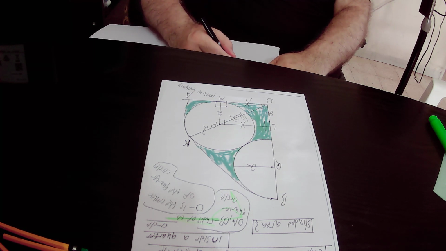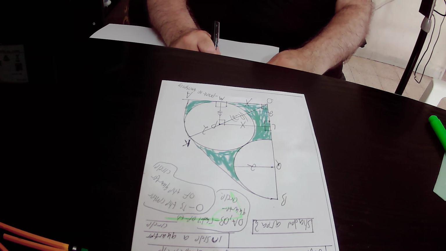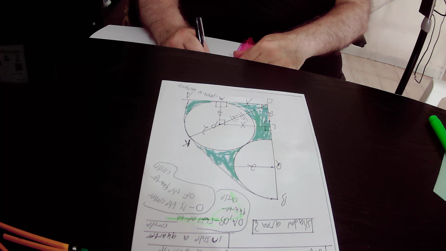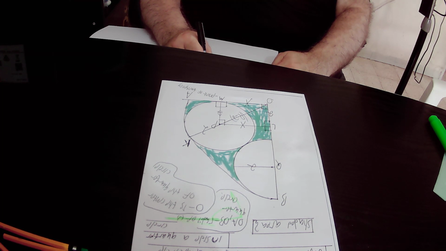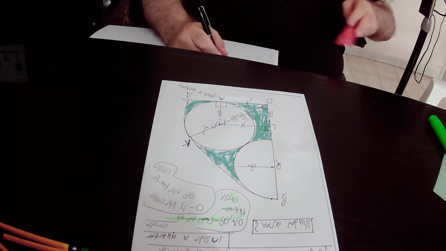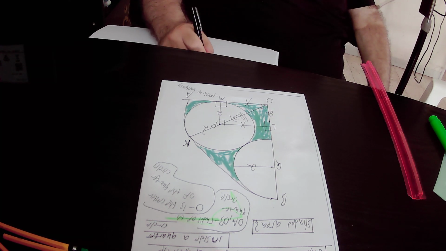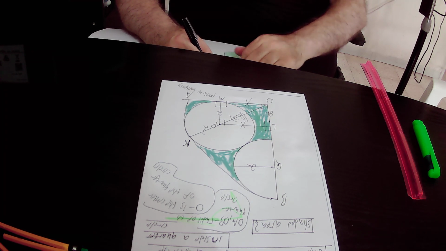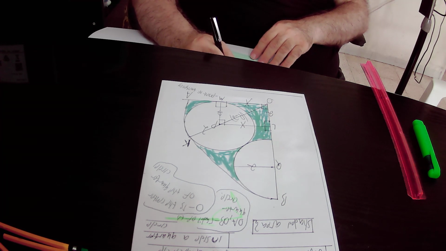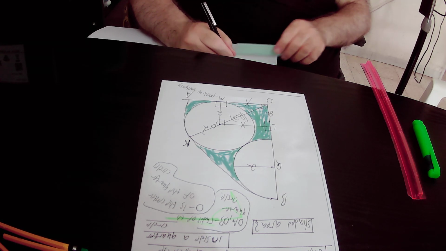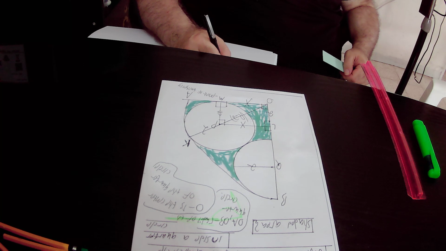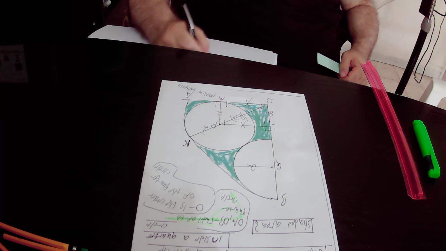Here the hypotenuse OP of triangle OPM is equal to capital R minus 2, OM equals X and PM equals 2 units.